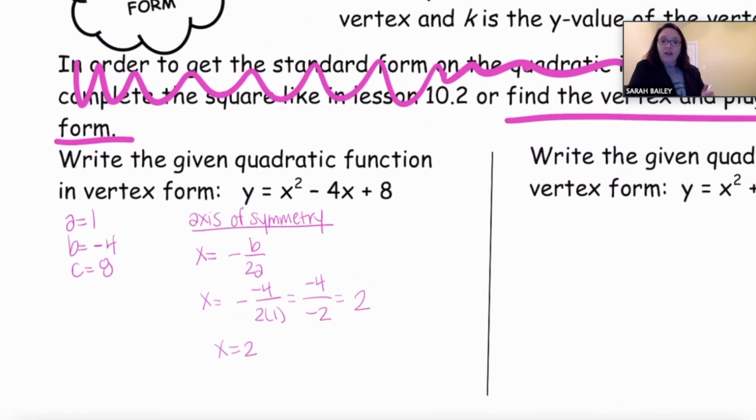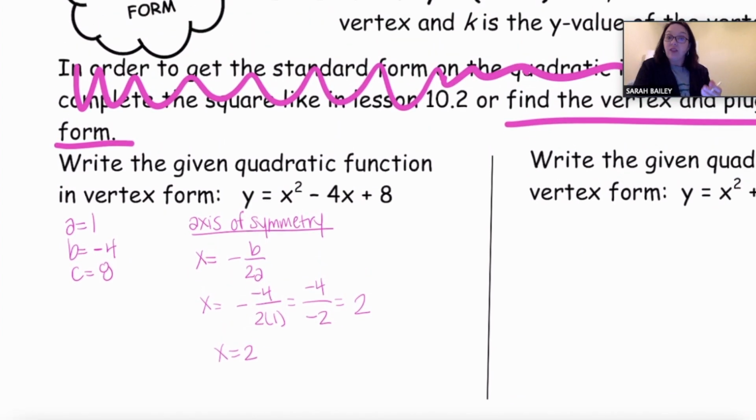So yesterday, we found f of, in this case, f of 2. So I'm going to do 2 squared minus 4 times 2 plus 8. So that's 4 minus 8 plus 8. Well, 4 minus 8 is negative 4. Negative 4 plus 8 is positive 4.